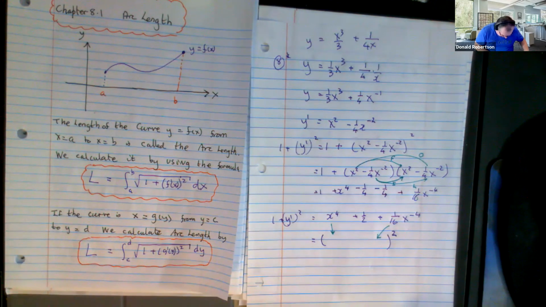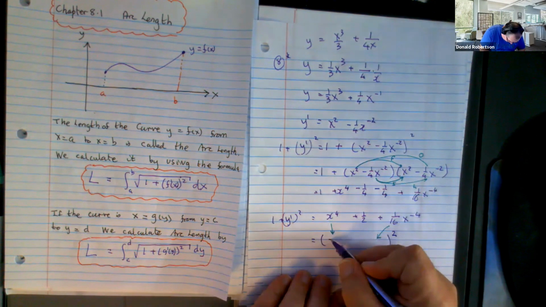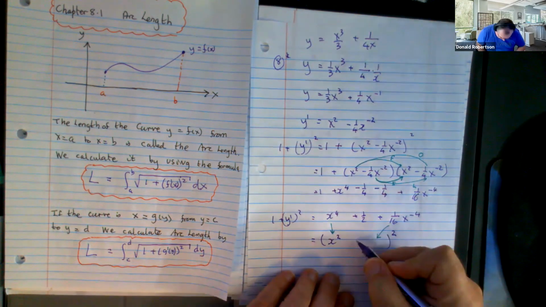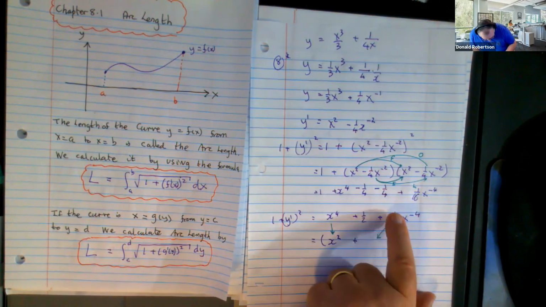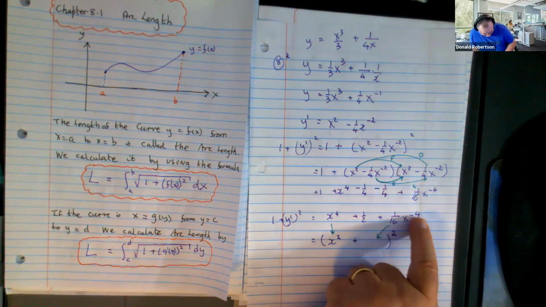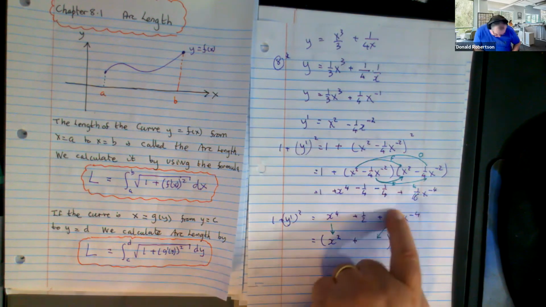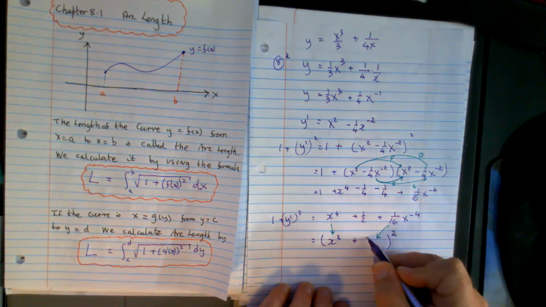And just like we did last time, don't we use the square roots to figure out what goes where? So the square root of x to the 4 is x squared, and there's a plus there, so I'll put a plus. What is the square root of 1/16 x to the -4? What would the square root of that guy give us? 1/4 x to the negative 2.